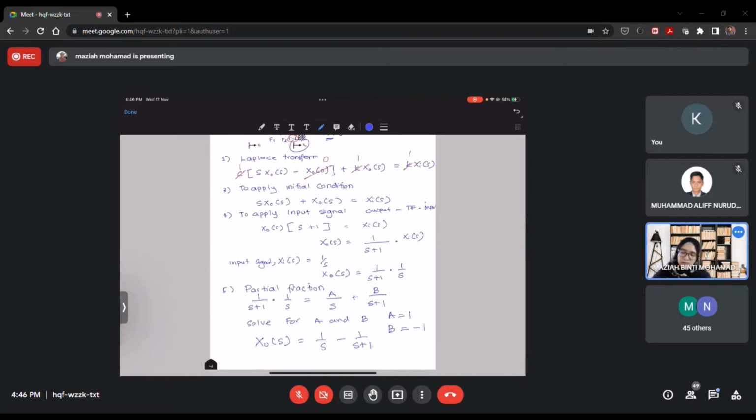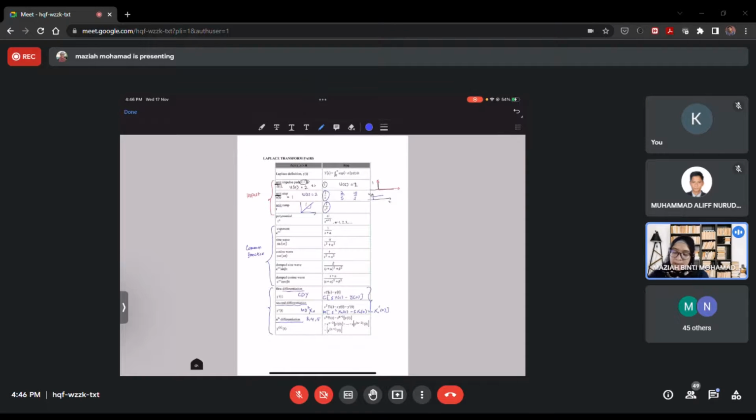Okay, so step number 6 is the inverse Laplace. When we inverse the Laplace, X naught s will become X naught t. We're going to refer to this table again.